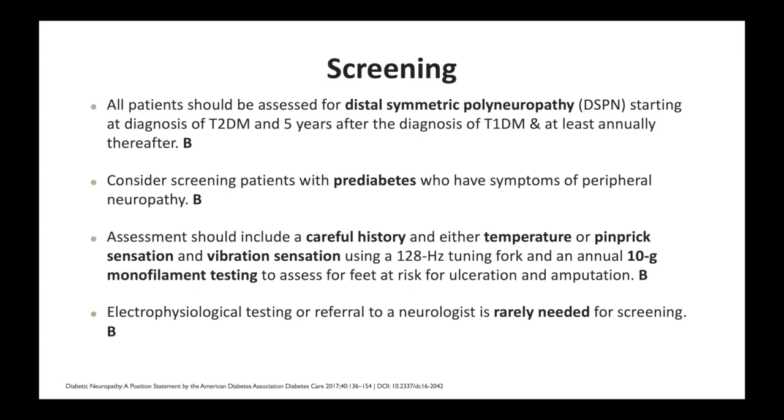We may also have to consider pre-screening for patients with prediabetes, and this can be done by just careful history, temperature or pinprick sensation, vibration sensation using your tuning fork, and your 10-gram monofilament testing to assess risk for foot ulceration and amputation. Rarely do we need electrophysiologic testing or a referral to a neurologist for screening.